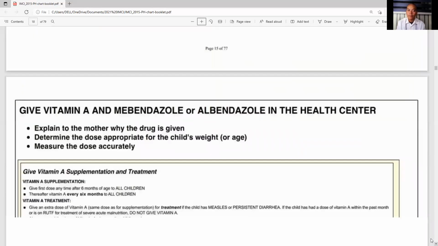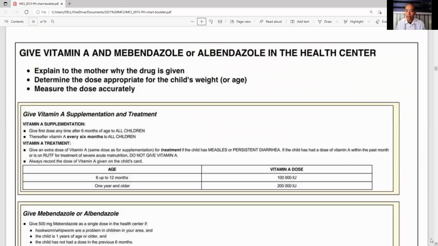It's all here. If we need to give vitamin A and mebendazole, albendazole, especially for patients who have parasites, explain to the mother why the drug is given. Ma'am, because we are suspecting na masyadong matagal na yung last time na nagbigay kayo ng pampapurga. Okay?